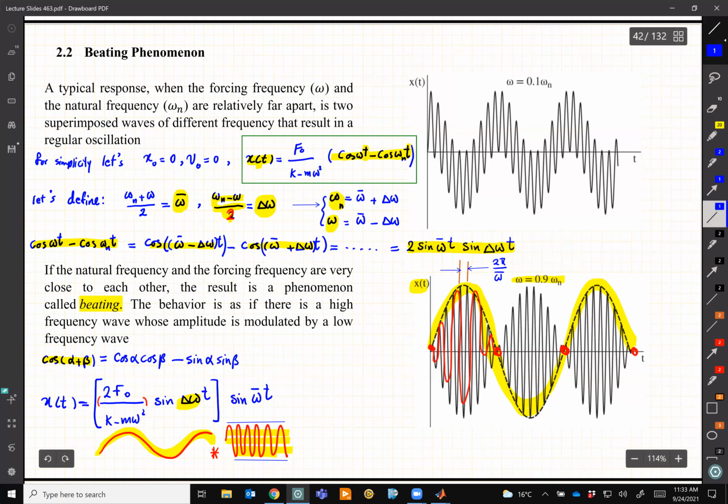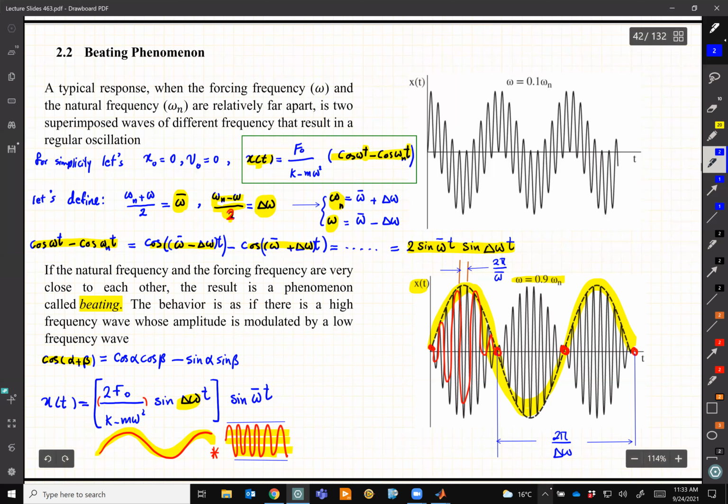And the distance for one complete cycle for the yellow one, for the one that I highlighted, is 2 pi over delta omega, right?